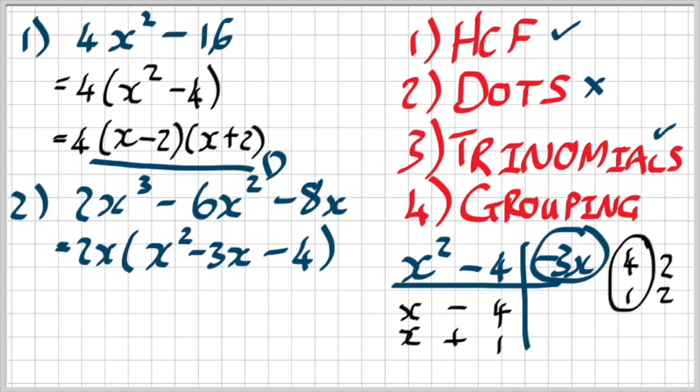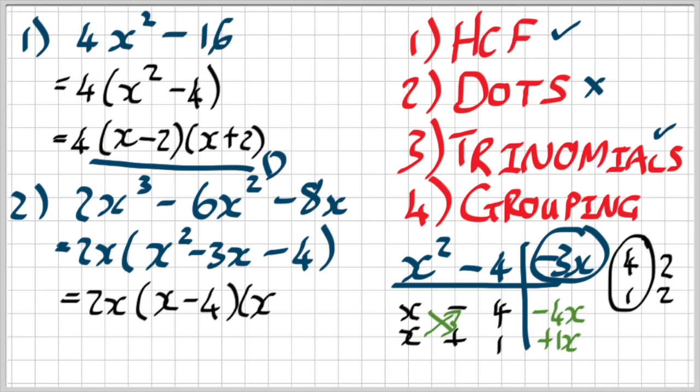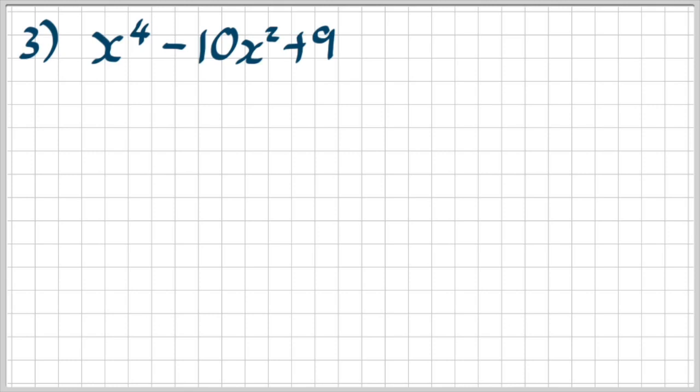Let's test. X times by 1 and x times by negative 4. If I add it up, yes, it gives me that negative 3x. So there is then my final answer because there's nothing else I can do in the brackets. Let's look at that last one, ladies and gentlemen.